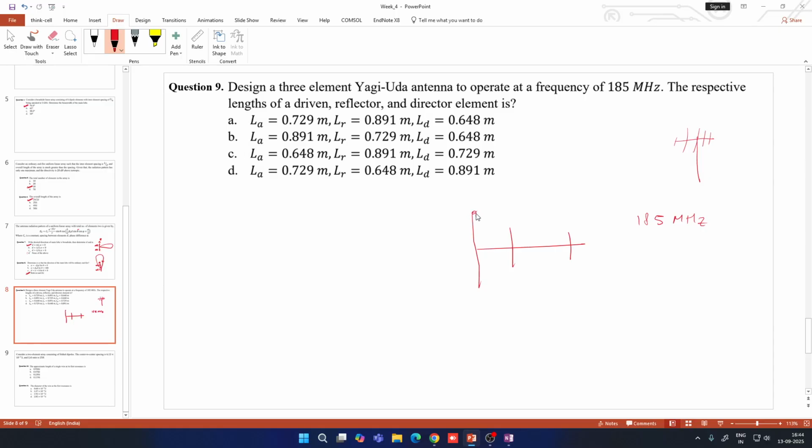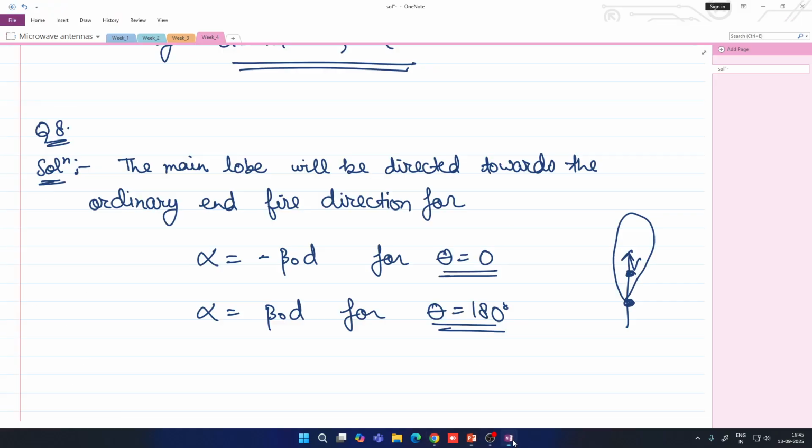It has 3 components: a driver, a reflector, and a director. So we have to find the length of these 3 elements. I hope the question is clear.